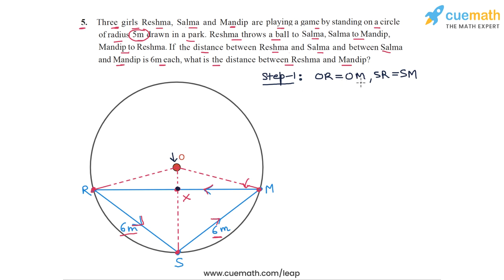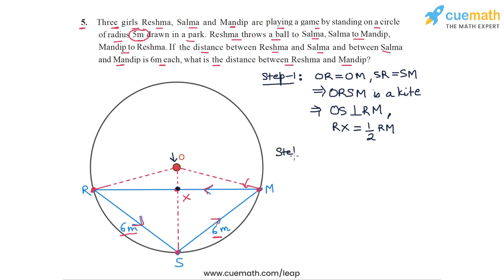Because of these two equalities, ORSM is a kite, and this means that OS and RM are perpendicular to each other. So OS is perpendicular to RM. Also, OS bisects RM because OS is the symmetrical diagonal. The other observation we can write from here is Rx is equal to half of Rm, and we use this fact in the last step.